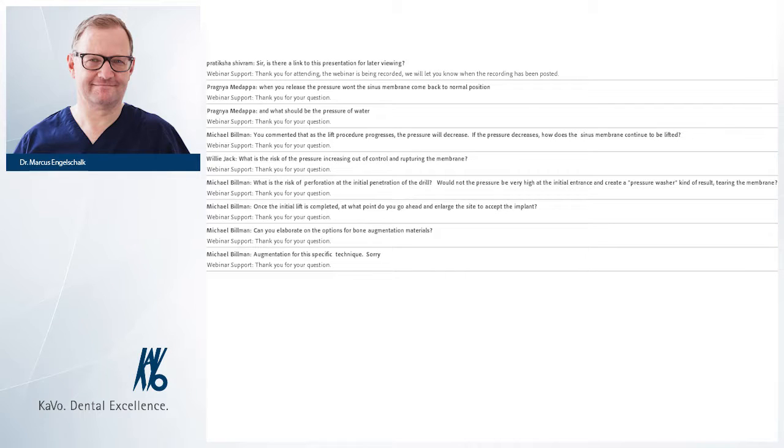I told you we use 1.8 milliliter of saline solution to lift it very high. This is the reason we won't give the whole saline solution into the sinus.